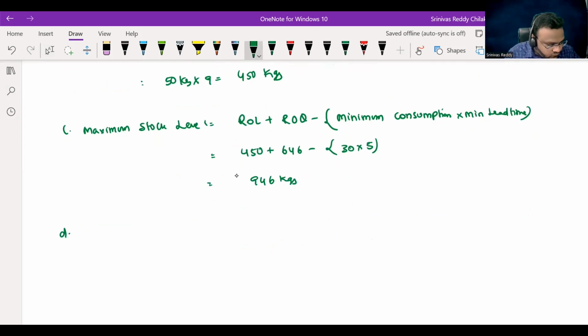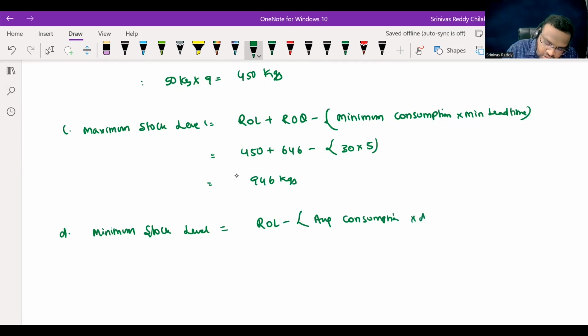Fourth one, minimum stock level. What is the minimum stock level? Reorder level minus average consumption into average lead time.